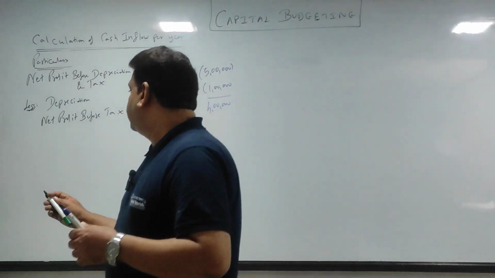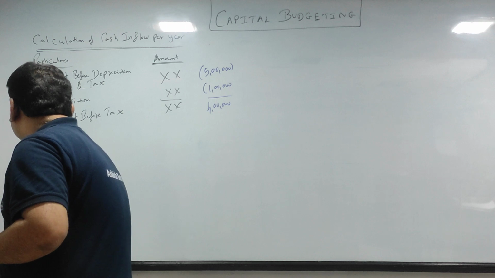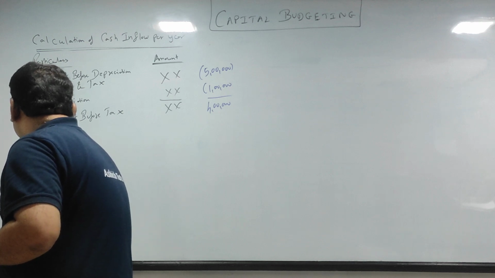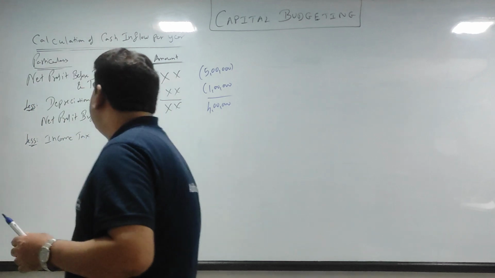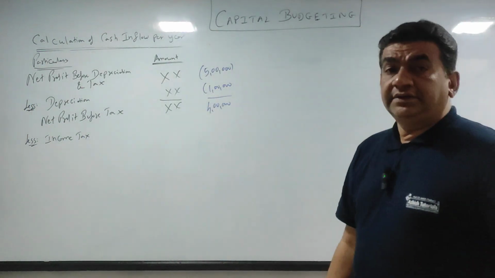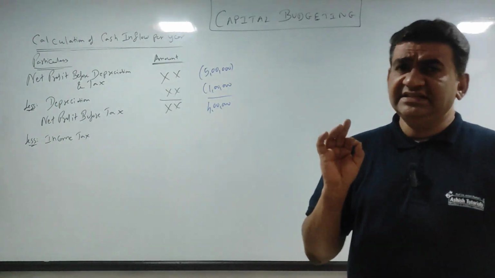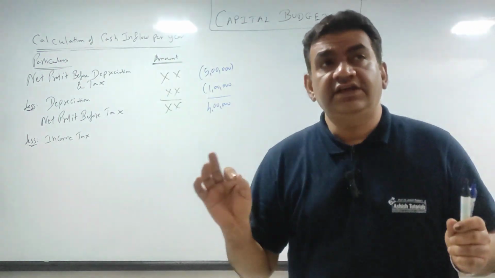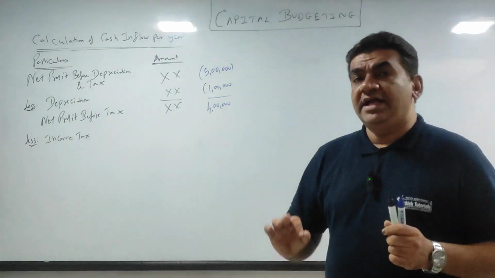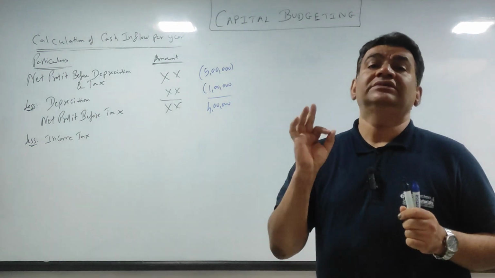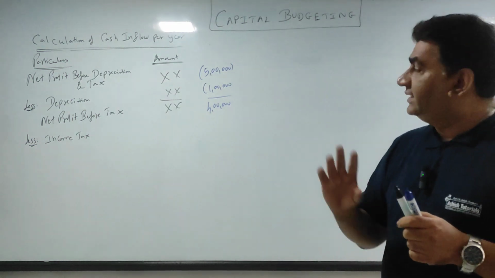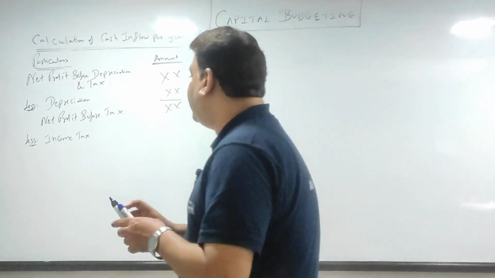From this, I will deduct income tax. Now, if there is income tax, they will give you the rate of income tax. I'm assuming income tax at 30%.